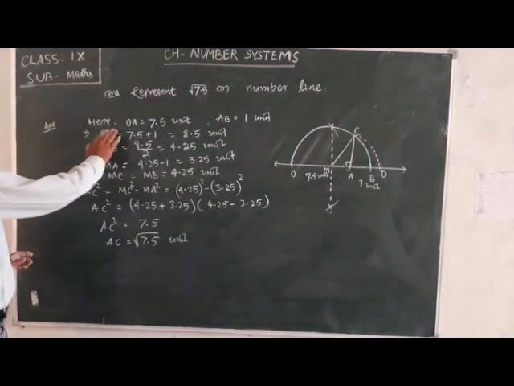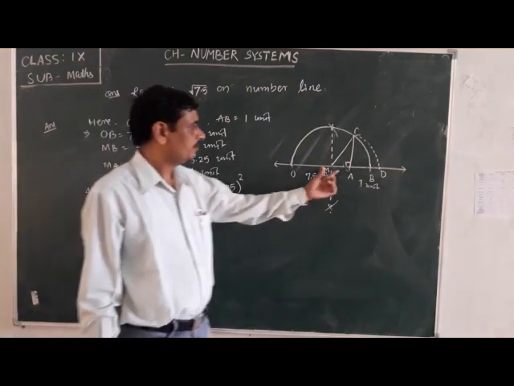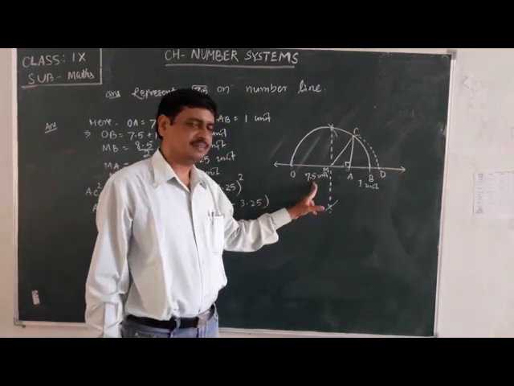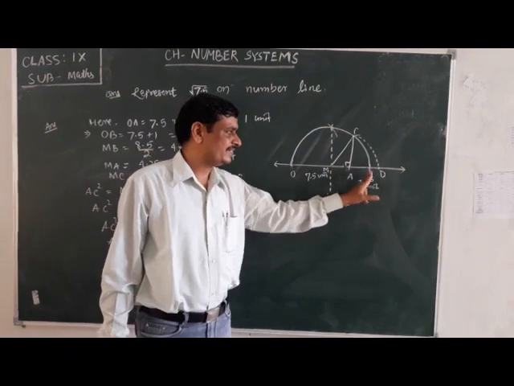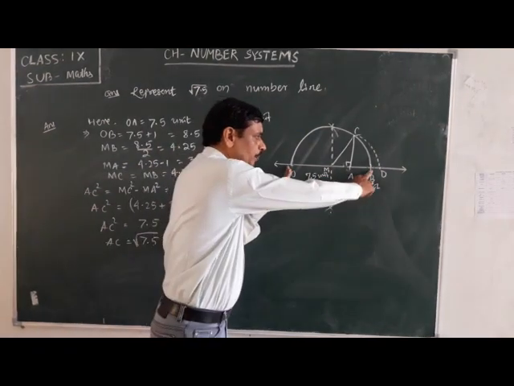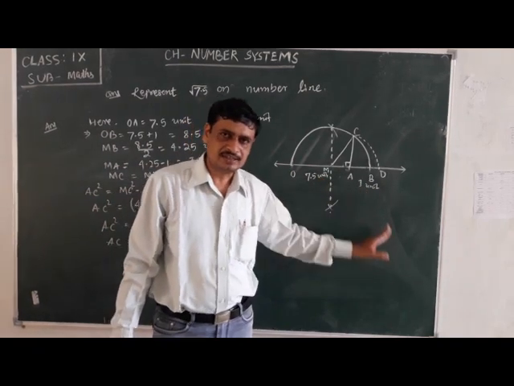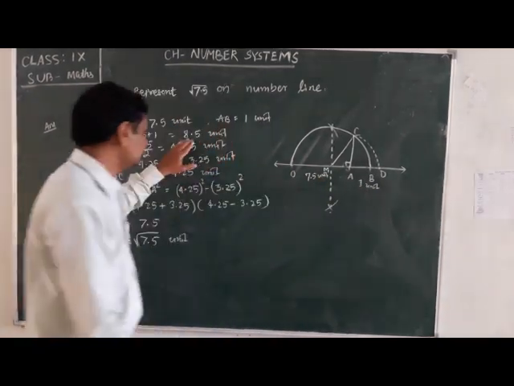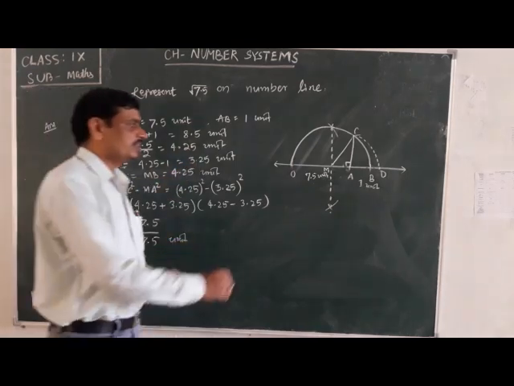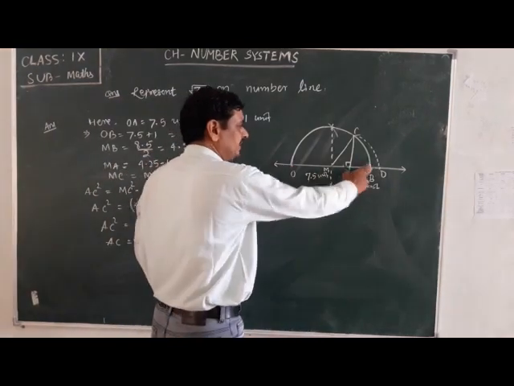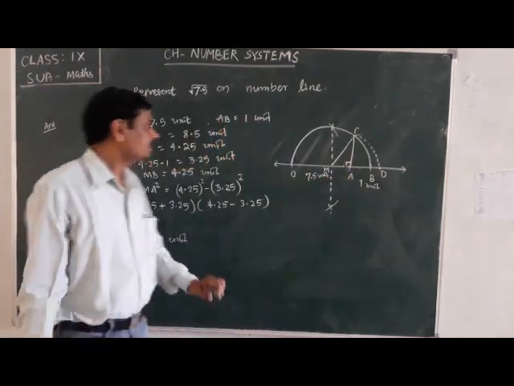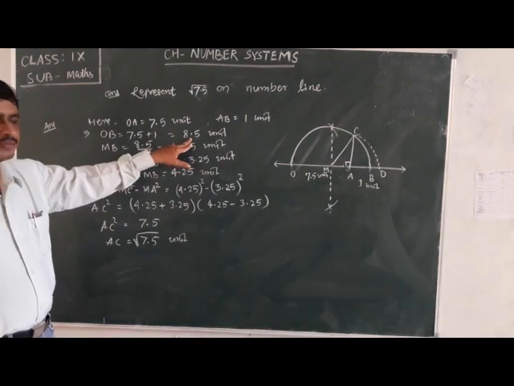Here, this OA is taken as 7.5 unit and AB is taken as 1 unit. So OB becomes 7.5 plus 1, which is equal to 8.5 unit. Now from O to B, the length OB is 8.5 unit.